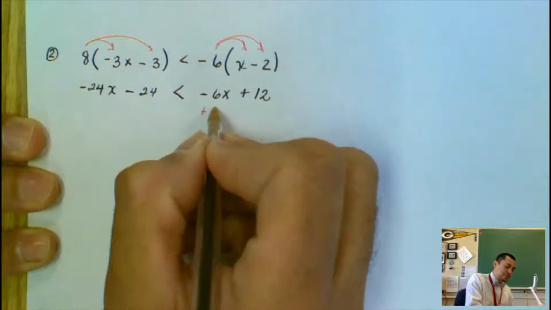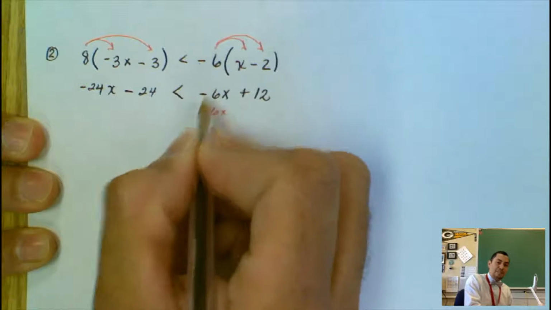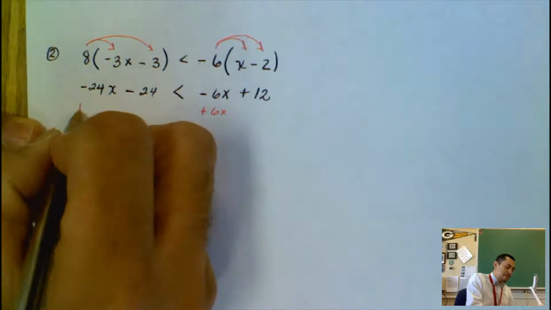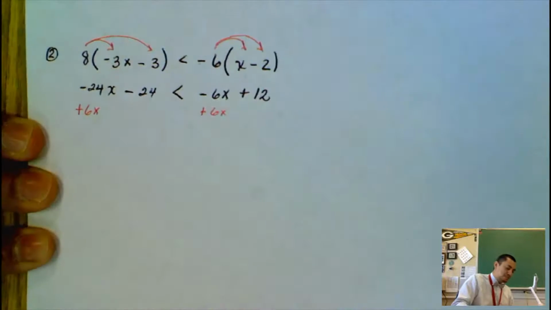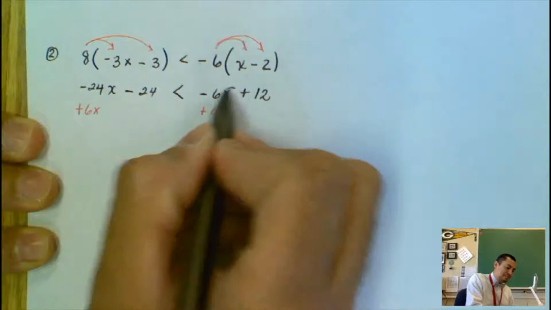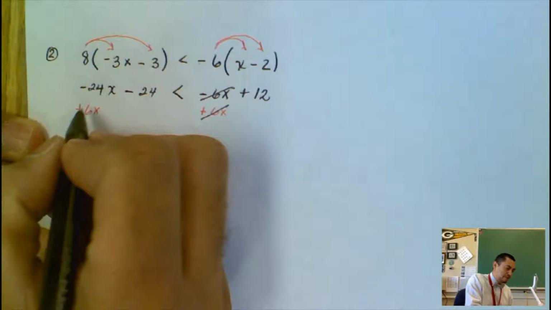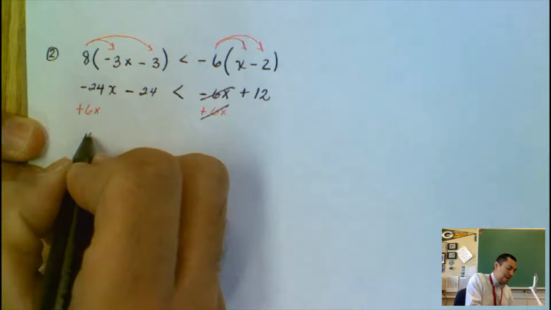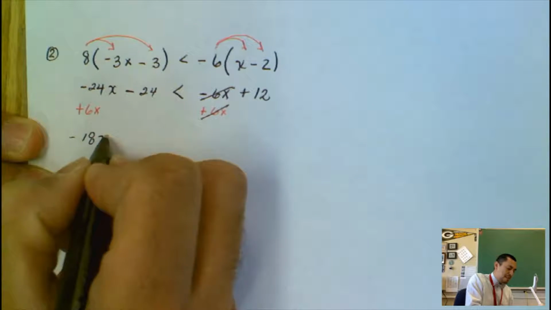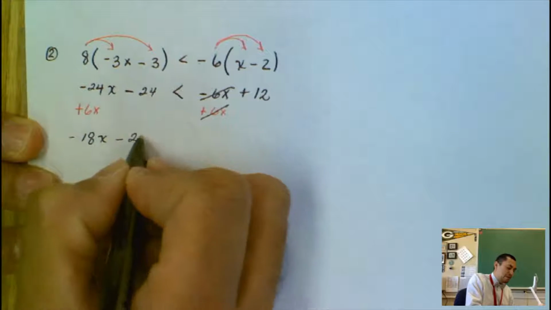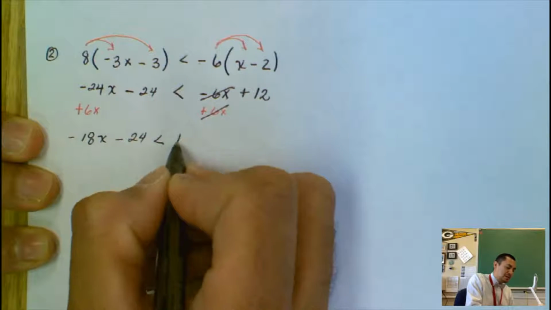So plus 6x. 6 is negative, so I'm going to use the opposite, plus 6x. Okay. -6 plus 6 is 0. Cancels out. And then I have -24 plus 6 is 18, so negative x minus 24 is less than 12.